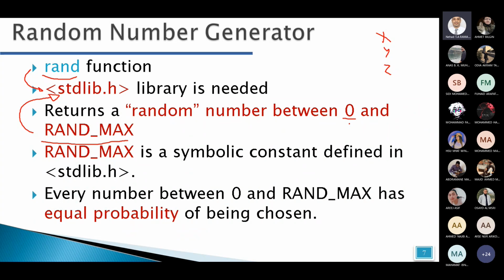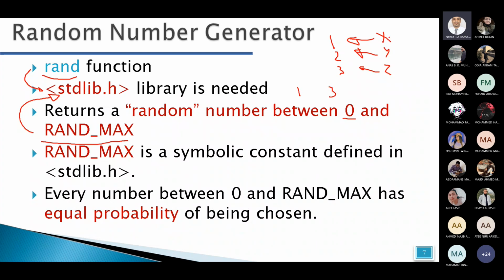Simply, you can generate a random number and connect this number with these characters. For example, you say X means 1, Y means 2, Z means 3. So you can generate a number from 1 to 3.